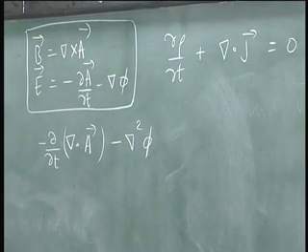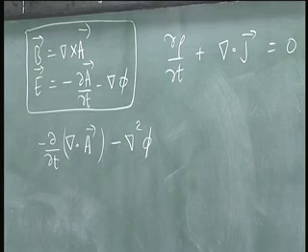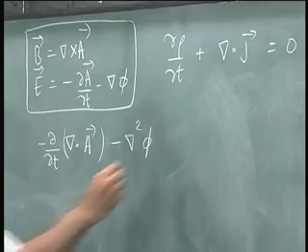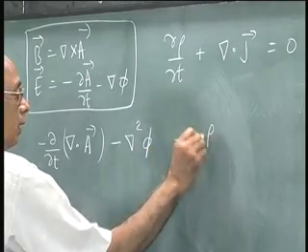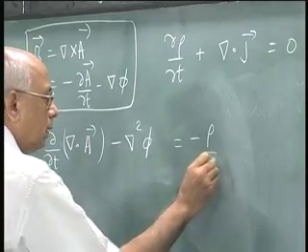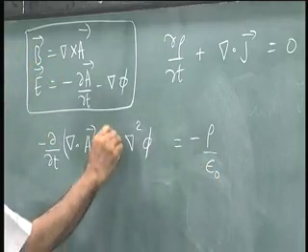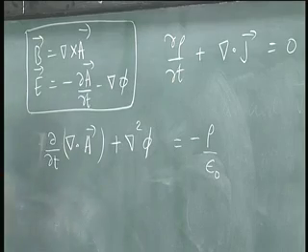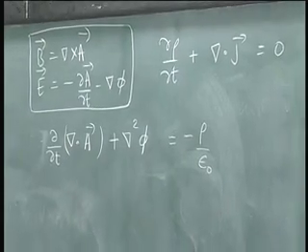That is called the Laplacian of phi, and it has got its own interesting set of properties which we will come to a little later, and that is equal to rho over epsilon naught. So let us put the minus sign here and put epsilon naught here, and that is the first equation.